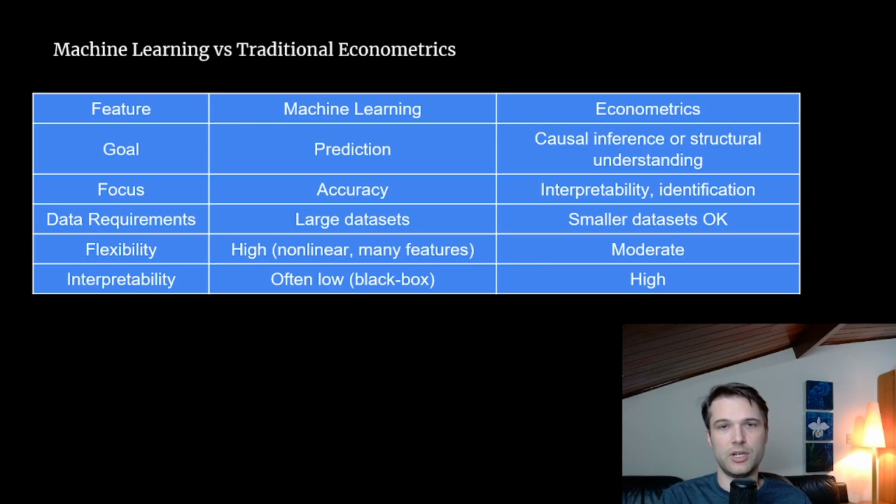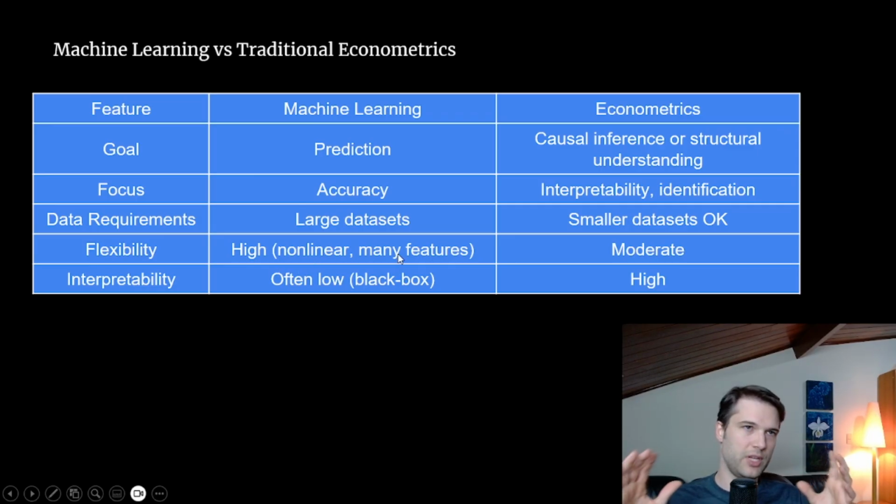And for machine learning, for example, if we're talking about the stock price, the price of a certain stock, the price will change maybe every second. So those different methods work for different types of data. And machine learning is more flexible. It's nonlinear. It's got many features, many characteristics that the model uses to produce this prediction.